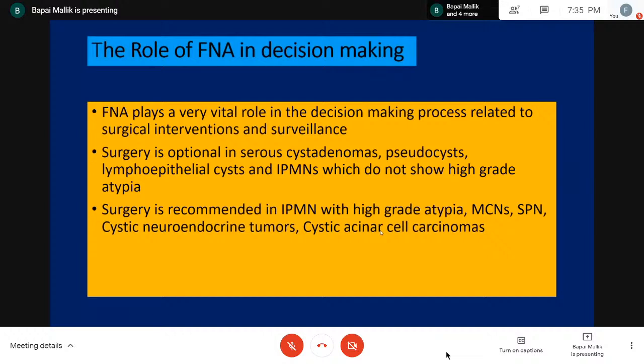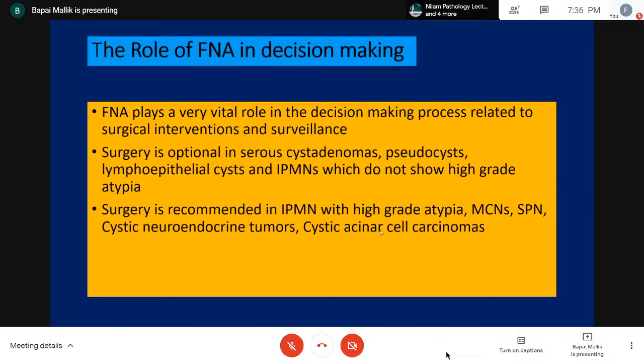Surgery is optional in serous cystadenomas, pseudocysts, lymphoepithelial cyst, and intraductal pancreatic mucinous neoplasms, which do not show high-grade atypia. This is extremely important because there are a number of patients where by giving a correct diagnosis on FNA, you can avoid surgery, and that is very vital, and I shall tell you why a little bit later on.